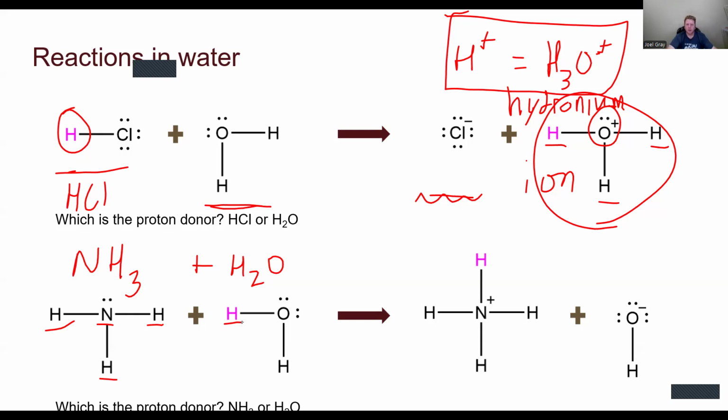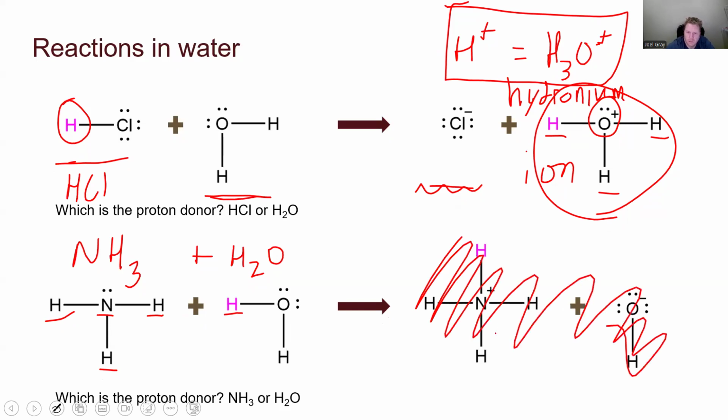Okay, so let's just ignore this for a second. What we're trying to predict is: is H2O going to give up a hydrogen? Is it going to give a hydrogen to the other?